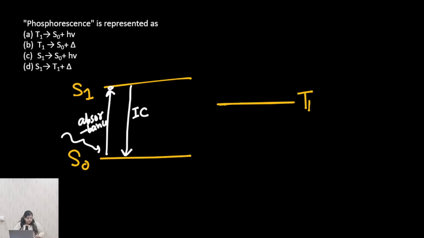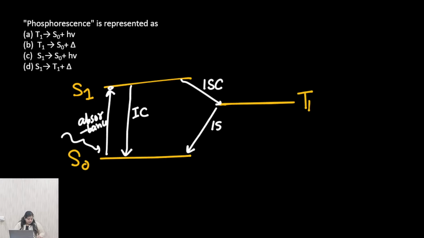The next possibility is that the particle from S1 goes to the T1 state without emitting any light. The states are being changed in this. It is called inter-system crossing, which we denote as ISC. Then from the triplet T1 state, the particle can come to the ground state S0 without emitting any light.